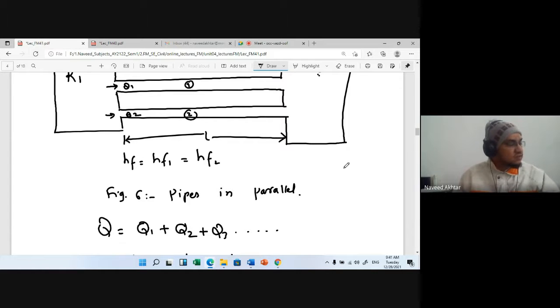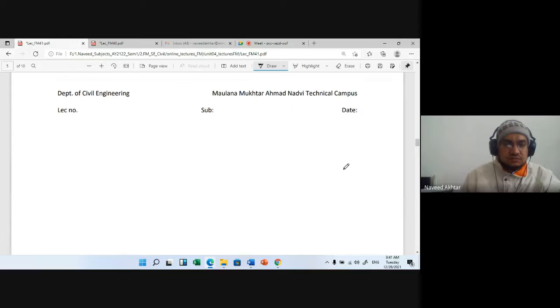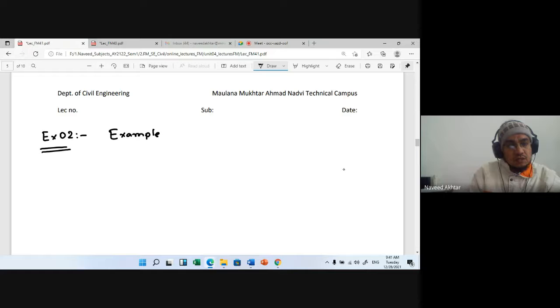So I will write down example number 2, example of pipes in parallel system. Write example number 2.